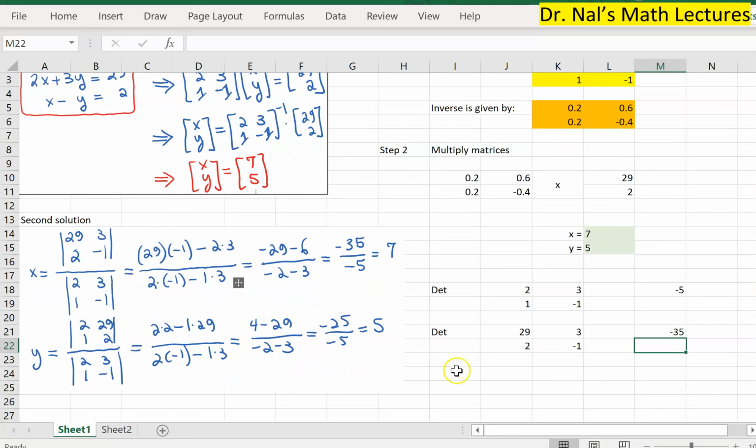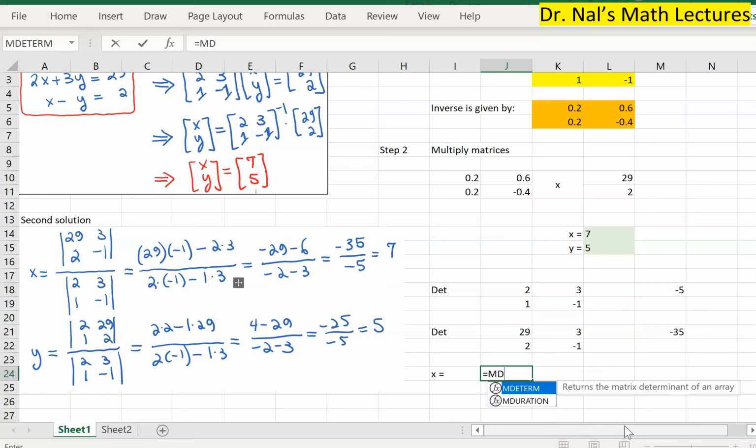Alternatively, in the case of x, what I could have done is do it in one setting, right? It could have been the following: m determinant. We could have first found the determinant of, well, it would have probably been 2 steps.